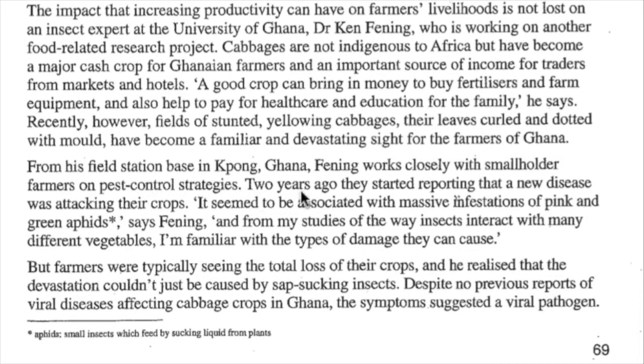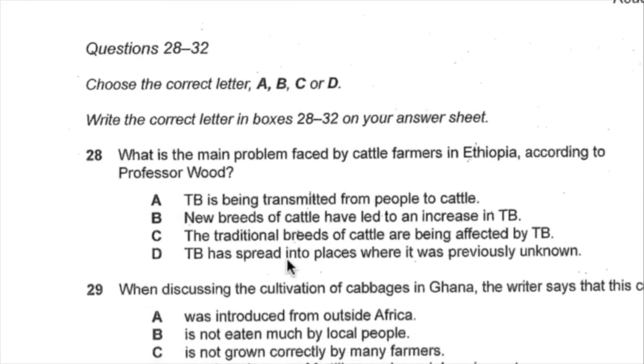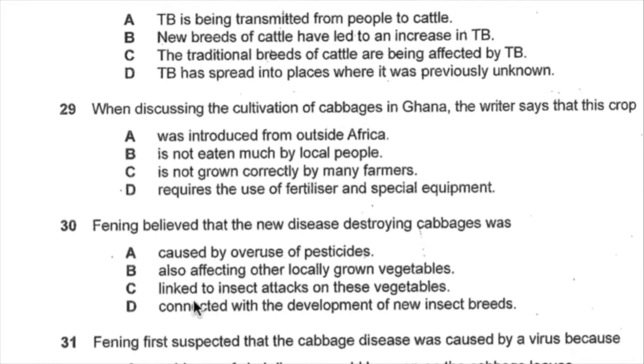Fenning works closely with smallholder farmers on pest control strategies. A new disease was attacking their crops. It seemed to be a massive infestation of pink and green aphids. It is related to the insects option. Yes, insect attacks on these vegetables. So C is the correct answer for 30.